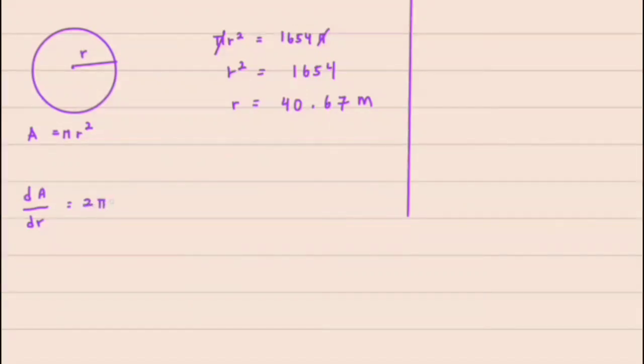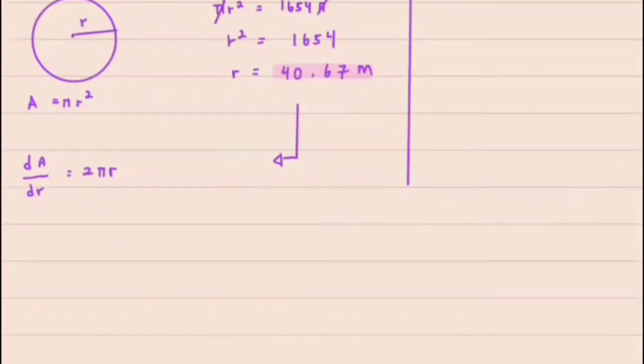So we have dA over dr given by 2 pi r. When r is 40.67, we can substitute the value r into this dA over dr. So we'll have dA over dr is given by 2 pi multiply with 40.67.